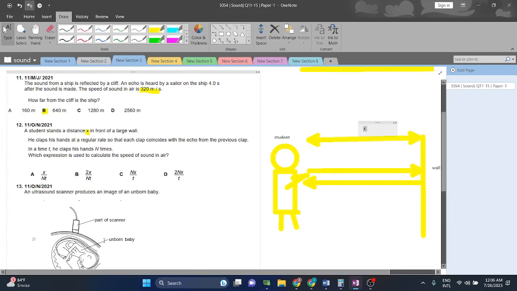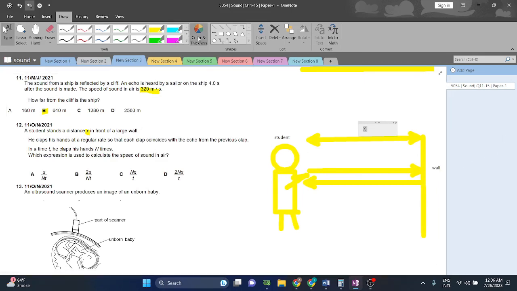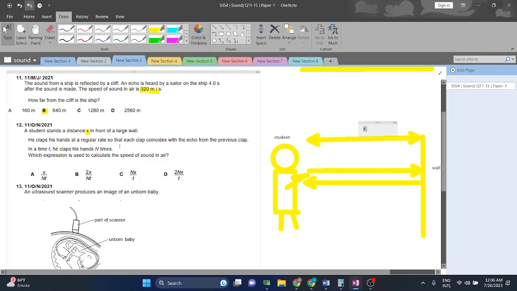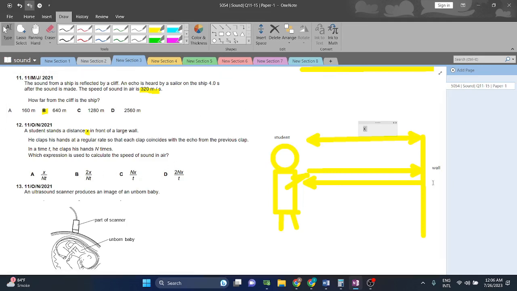He claps his hands at a regular rate so that each clap coincides with the echo from the previous clap. So whenever an echo ends, he claps again. In a time t, he claps his hands n number of times. Which expression is used to calculate the speed of sound?